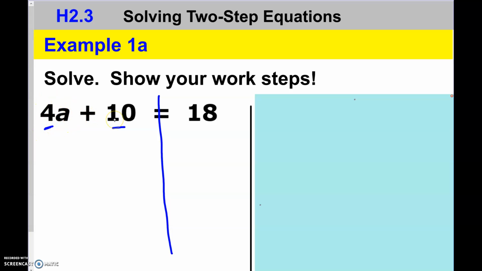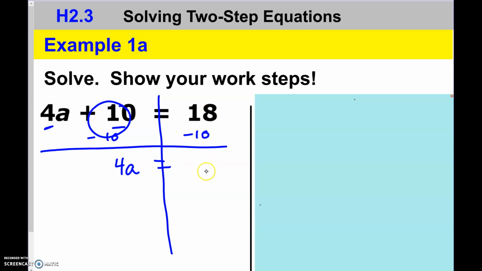So the first thing we have to deal with is this plus 10. And we do the opposite operation, and because that says a plus 10, we are going to subtract 10 from both sides. So we have 4a, because 10 minus 10 cancels out, equals, and 18 minus 10 is 8.